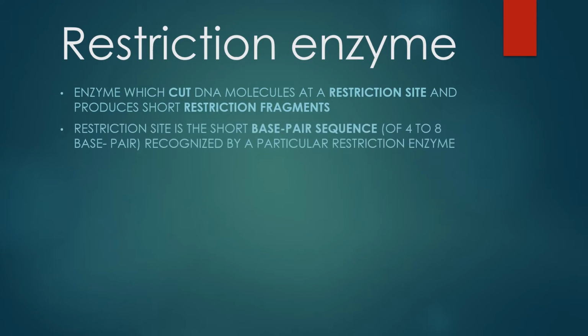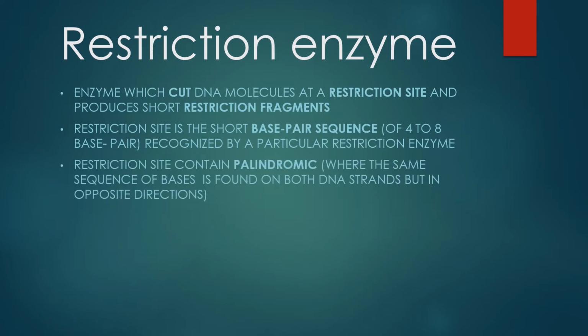A restriction site is a short base pair sequence of 4 to 8 base pairs recognized by a particular restriction enzyme. Restriction sites are palindromic, where the same sequence of bases is found on both DNA strands but in opposite directions.